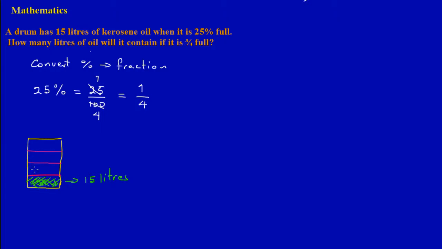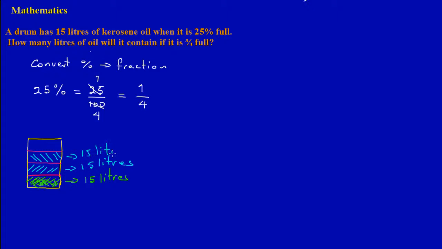So that's 1. Let's fill another one, so that would be 2. This is another 15 liters because each quarter holds 15 liters. And let's fill up another quarter. This is another 15 liters.